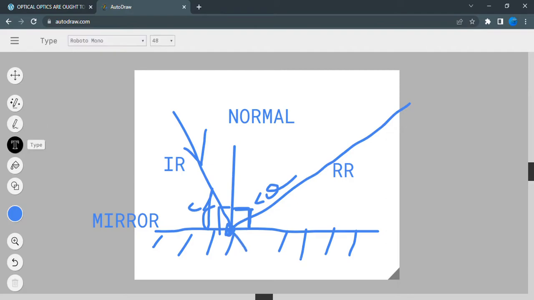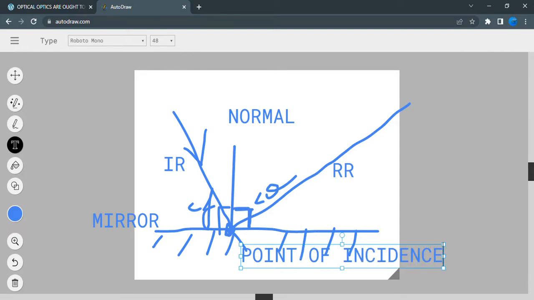This is the point of incidence on the mirror. As the word suggests, this is the point on which the incident ray strikes first.